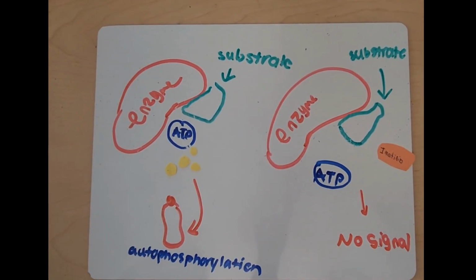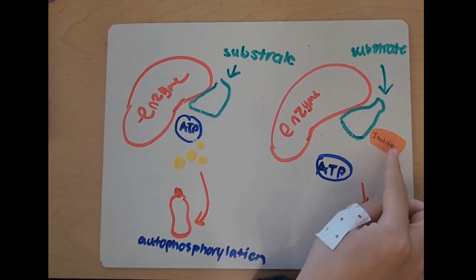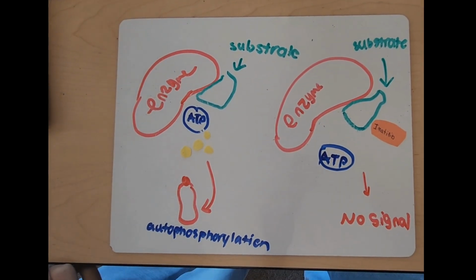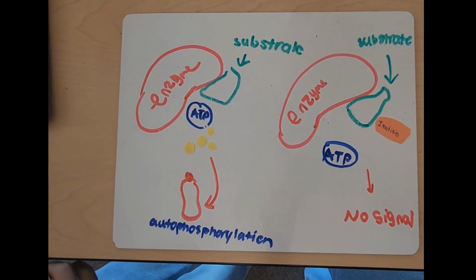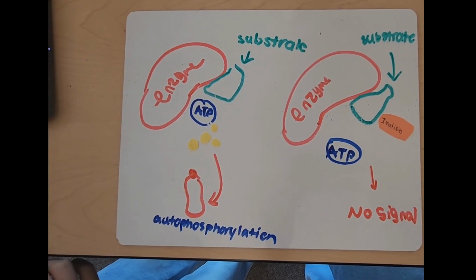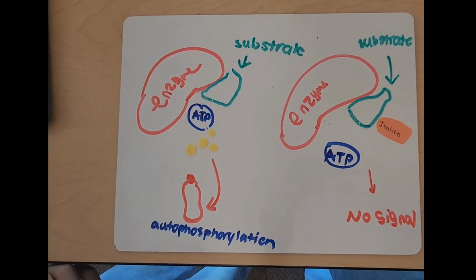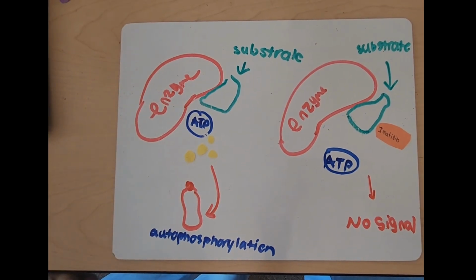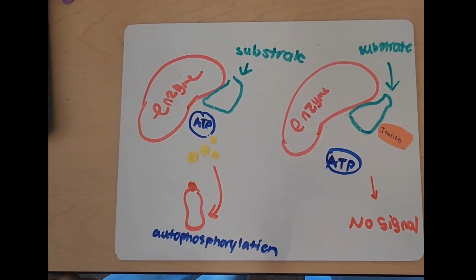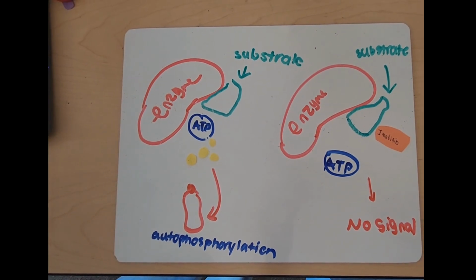An example of an antagonist of the PDGF signaling pathway is imatinib, which is a targeted cancer therapy drug originally developed to treat chronic myeloid leukemia, but it also blocks the signaling of PDGF receptors. It's an exogenous molecule, meaning that it comes from outside the body.